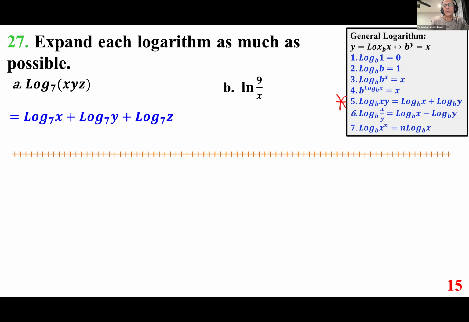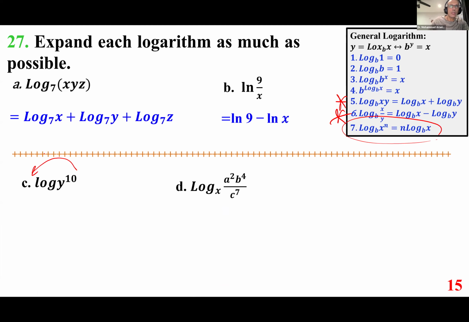For part B, we use the quotient rule, ln of the top minus ln of the bottom, ln 9 minus ln x. For part C, we simply use the power rule, we put the 10 in front. Log of y to the power of 10 is 10 log y.